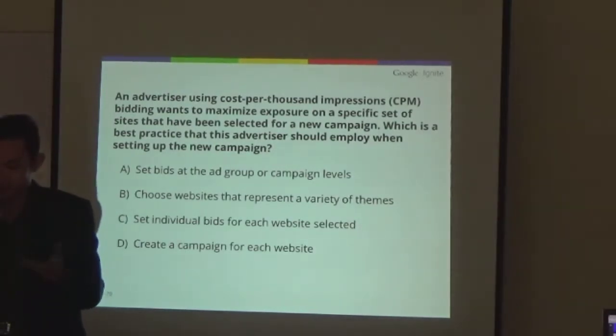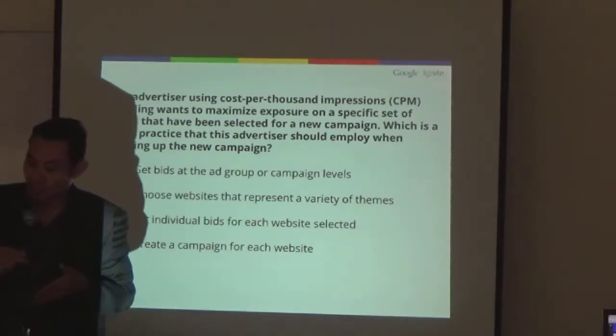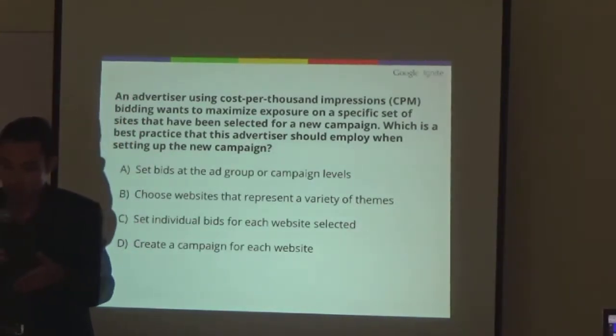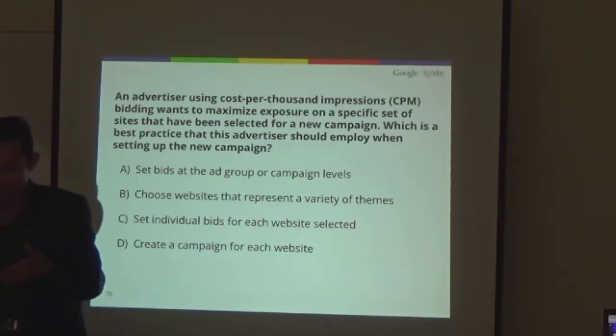The question is a bit long, but the keywords to understand are that this advertiser is using CPM and wants to maximize exposure on a specific set of sites. So let's see which settings this advertiser should adopt.